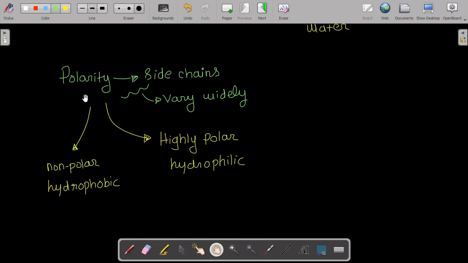The polarity of the side chains varies widely, from non-polar hydrophobic to highly polar hydrophilic.